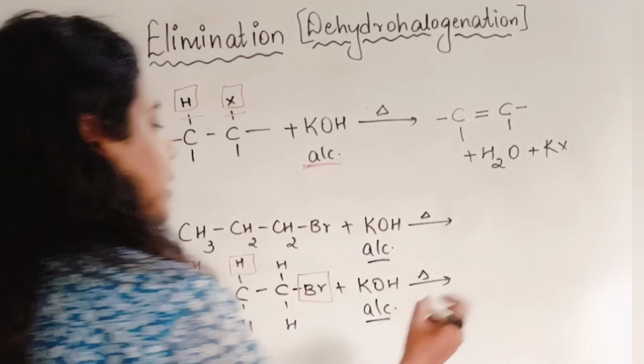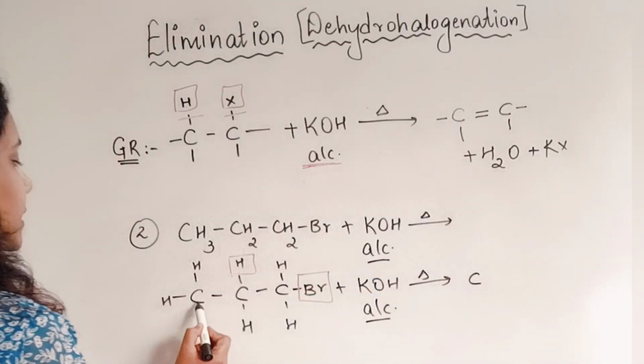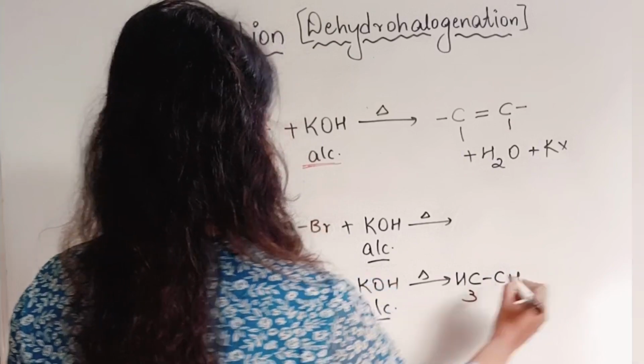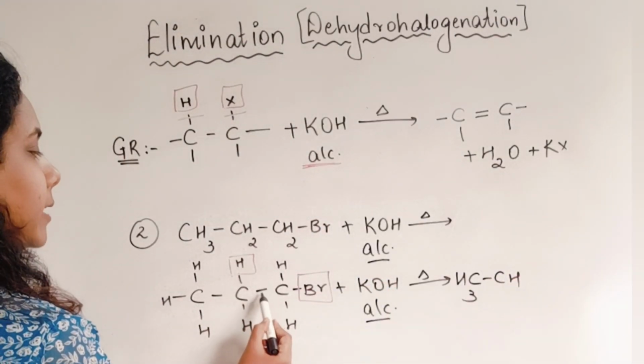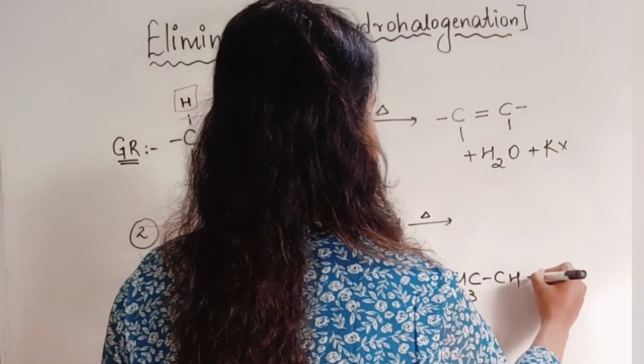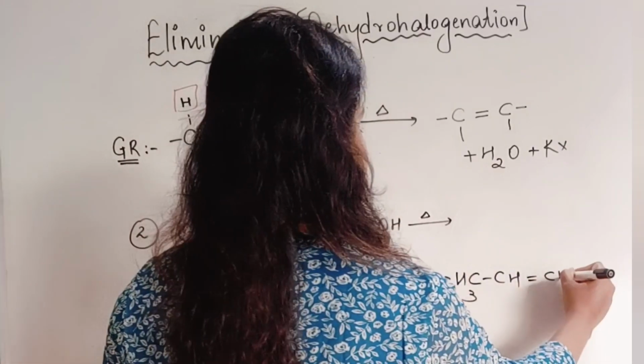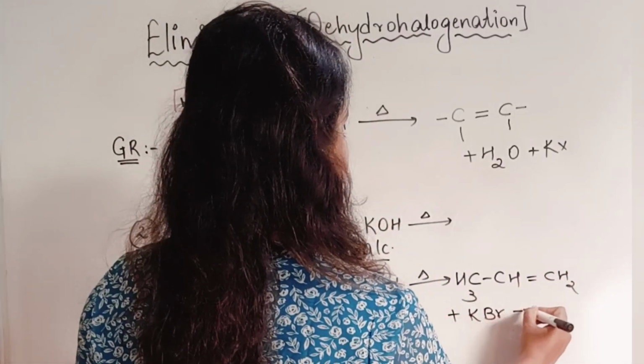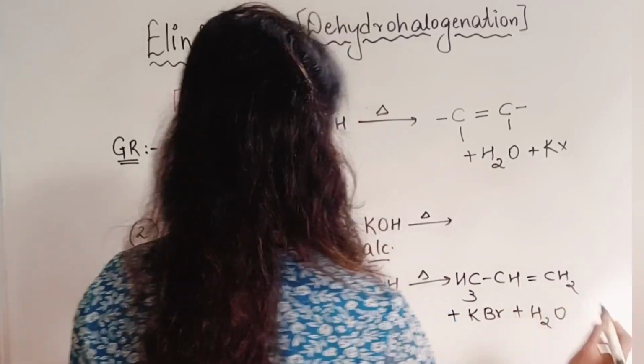So the final product I am going to write down is CH3, CH double bond CH2, plus KBr plus H2O.